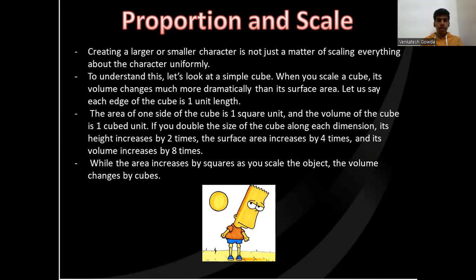The area of one face is 1 square unit, and the volume of the cube is 1 cubic unit. If you double the size of the cube along each dimension, its height increases by 2 times, the surface area increases by 4 times, and its volume increases by 8 times. When the area increases by squares as you scale the object, the volume changes by cubes.